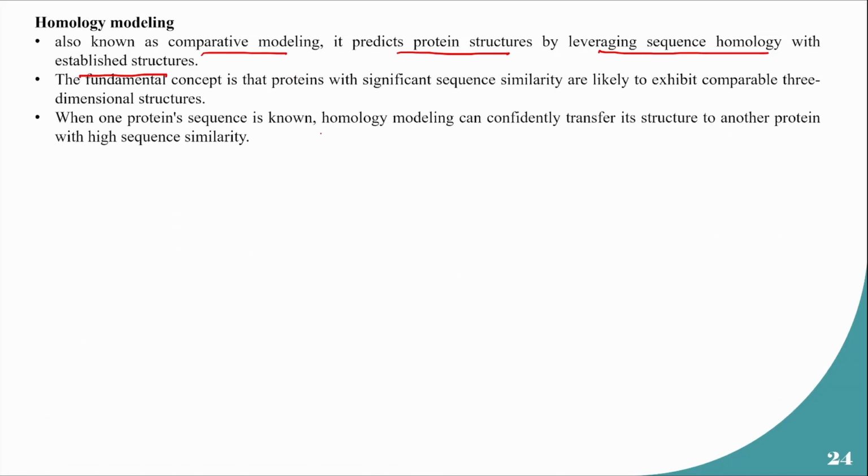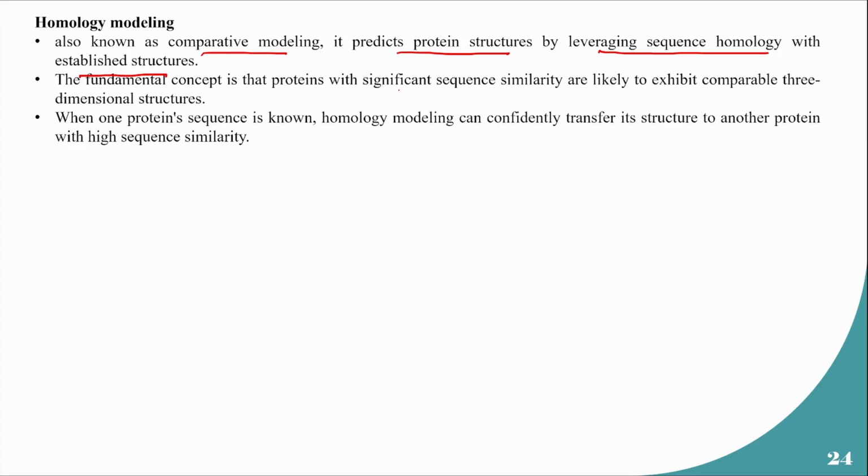Some other concepts are also mentioned here. For example, if significant sequence similarity is present, then the assumption is that they will likely exhibit comparable three-dimensional structures, because of course the sequence is very important in the 3D folding.